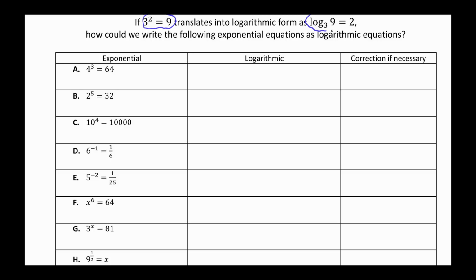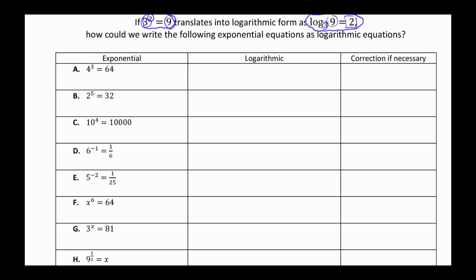As a logarithm, that statement will look like this. Log base 3 of 9 equals 2. And I said that very carefully because there's a way that we need to think about it. But notice we have 3, 2, and 9. 3, 2, and 9 all together.